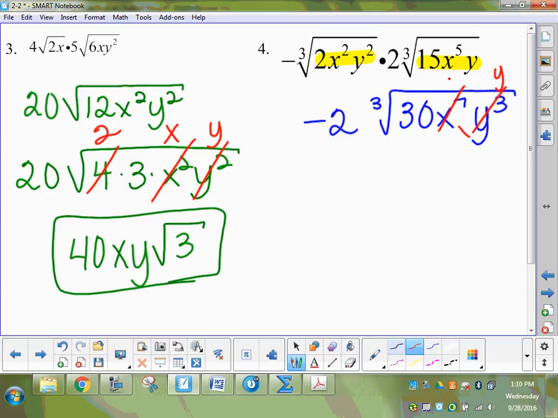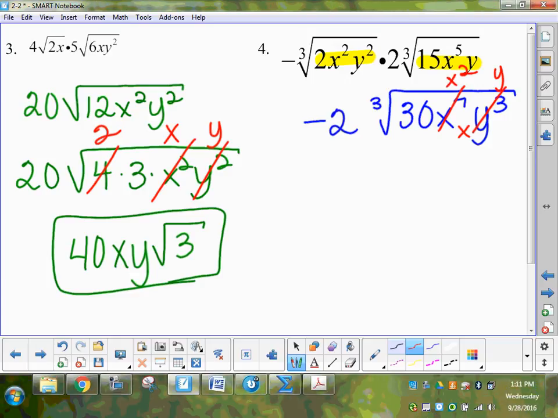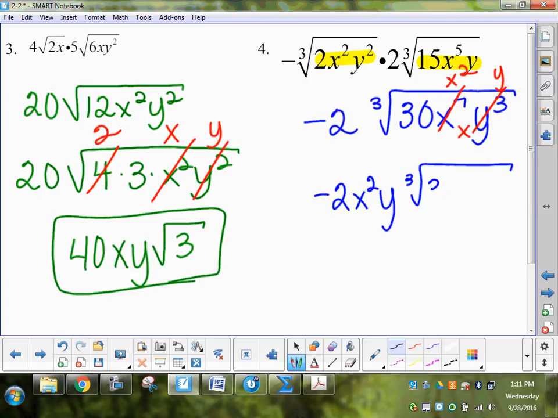There'd be an x left underneath, and what's out front? How many times does 3 go into 7? So it'll be x squared. Now in front, what would you leave, Nathan, as your final answer? It'll be negative 2x squared y times cube root of 30x.